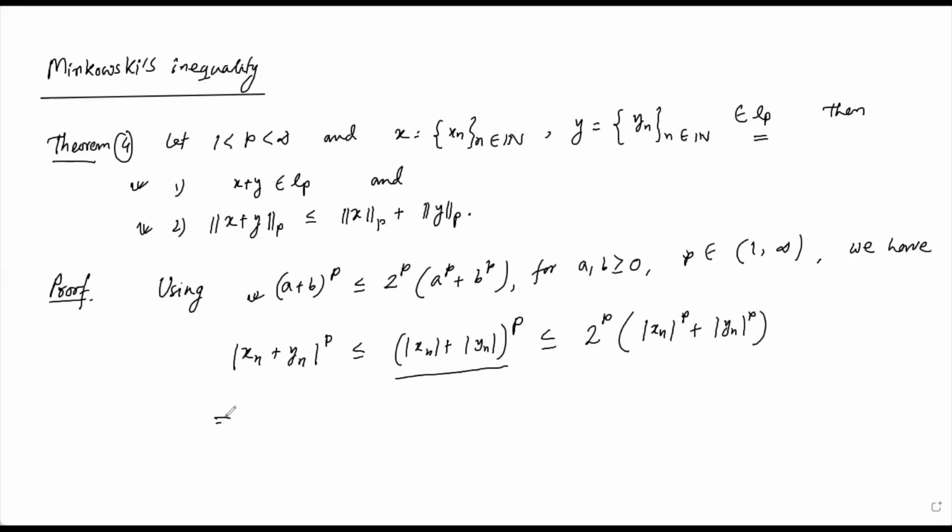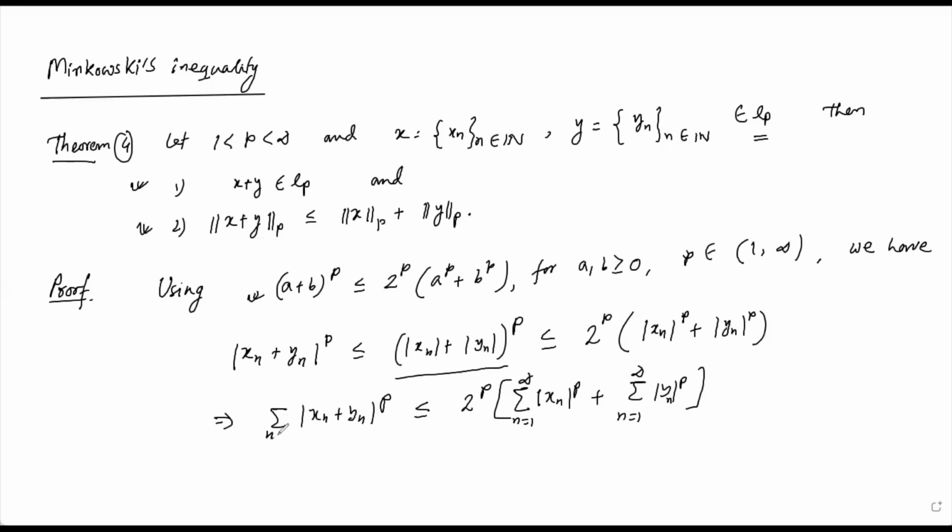This implies the summation of the absolute value of x_n plus y_n to the power p is less than or equal to 2 to the power p times the summation of the absolute value of x_n to the power p plus the summation of the absolute value of y_n to the power p, with n equal to 1 to infinity.